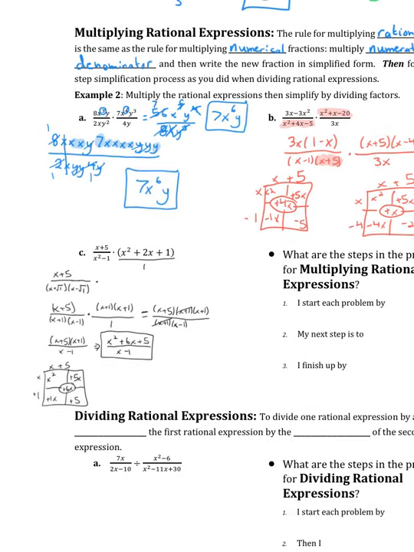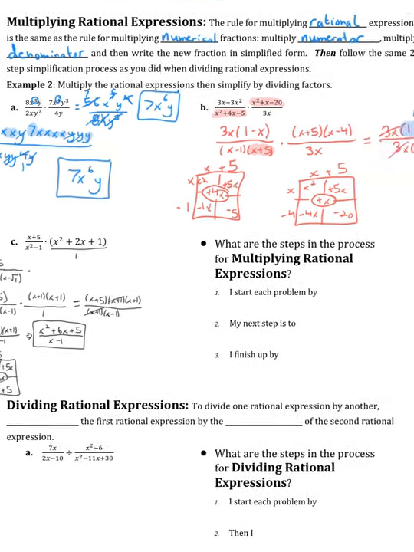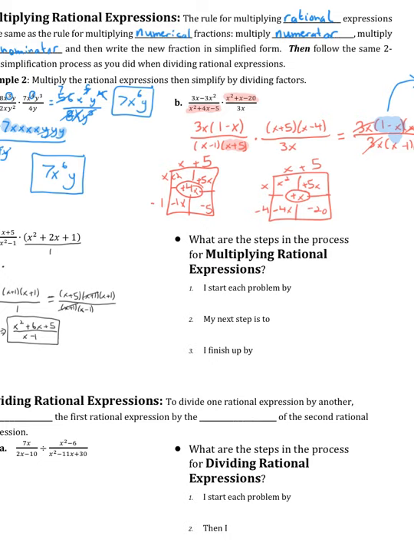All right, so steps for multiplying rational expressions. Same thing as what we talked about last time. Actually, I'm not going to start by multiplying the numerators and denominators.